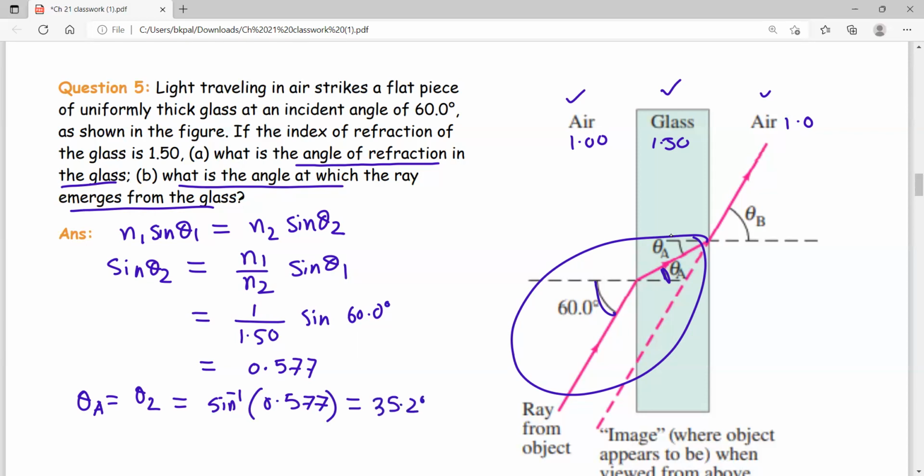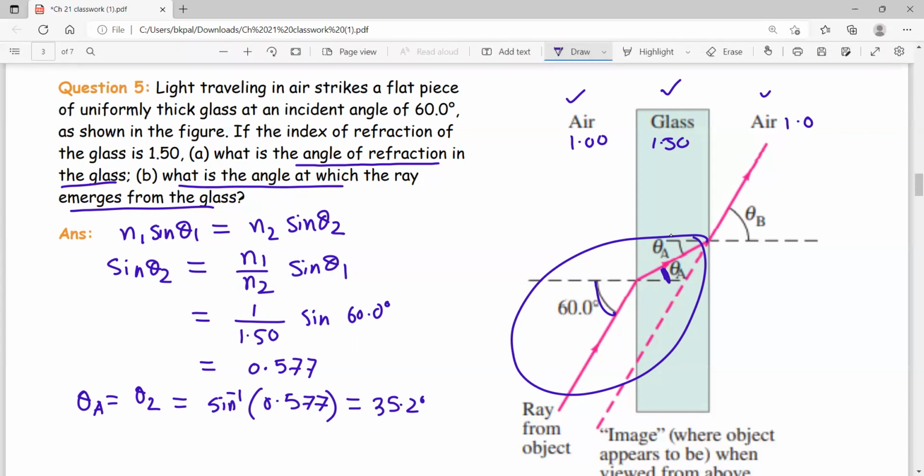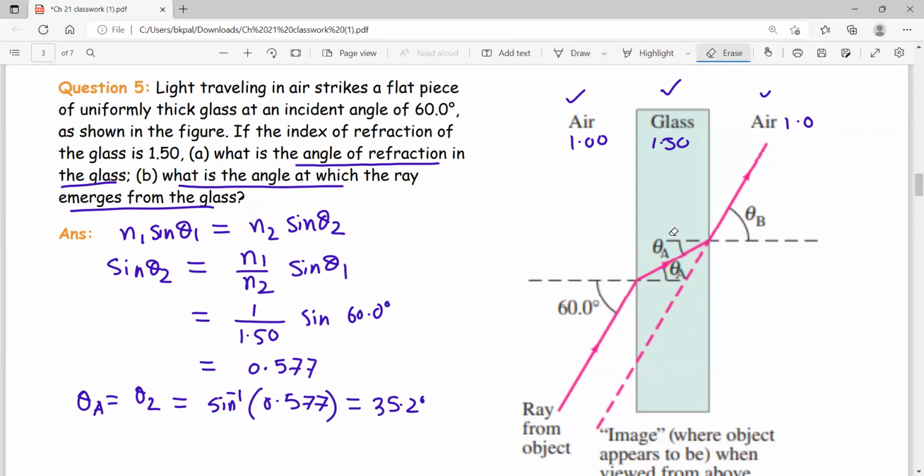So what we learned here is that the angle of refraction from air to glass is 35.2 degrees. Now we know that theta A is 35.2 degrees. After refraction it will follow this line.